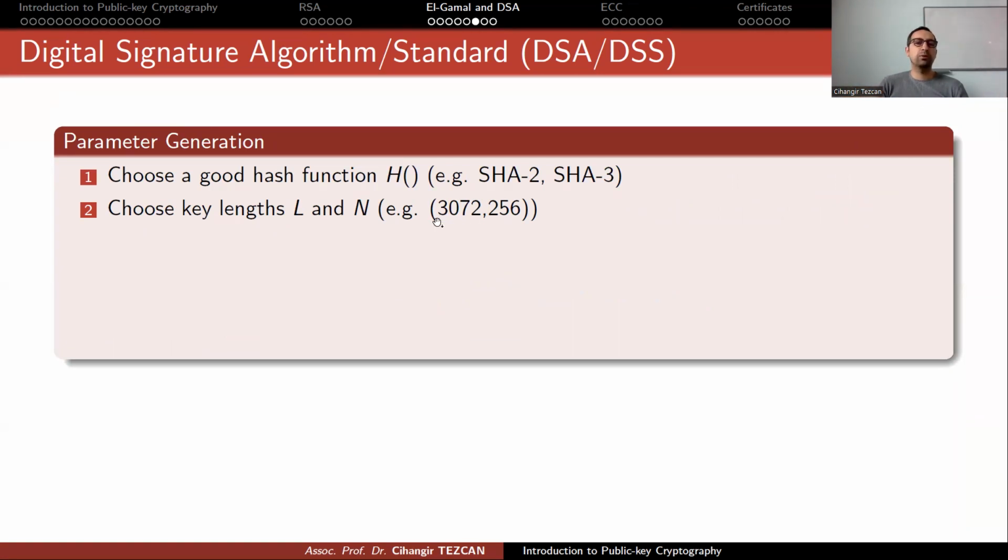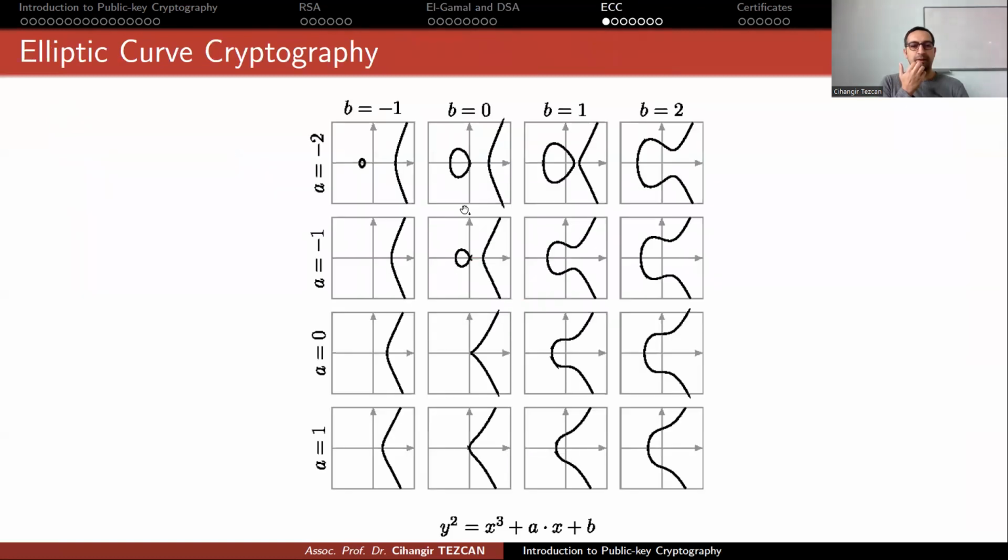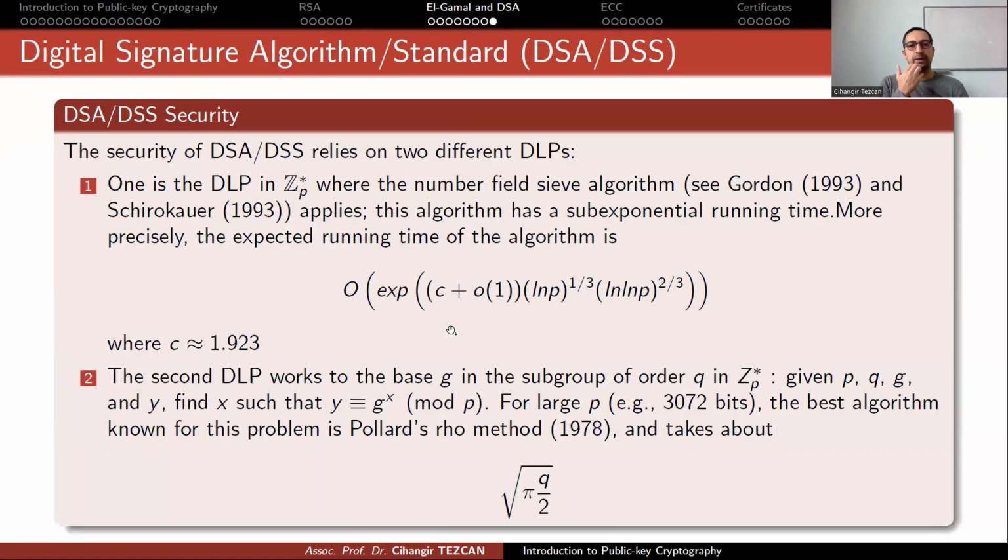Okay, so we can get rid of this part if we use elliptic curve cryptography. This is the main idea. So this is why the security of DSA is not as good as elliptic curve cryptography, and there are some other kinds of attacks for this kind of algorithm. So this is why NIST actually removed it from its standards.